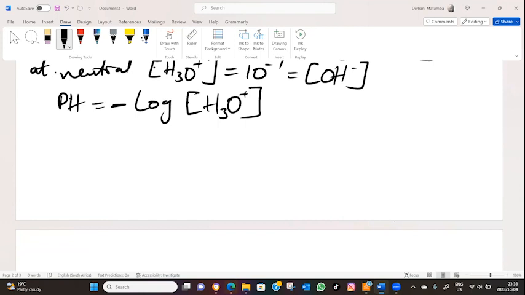Now, there's another concept that we're going to learn later. It's a standard solution.